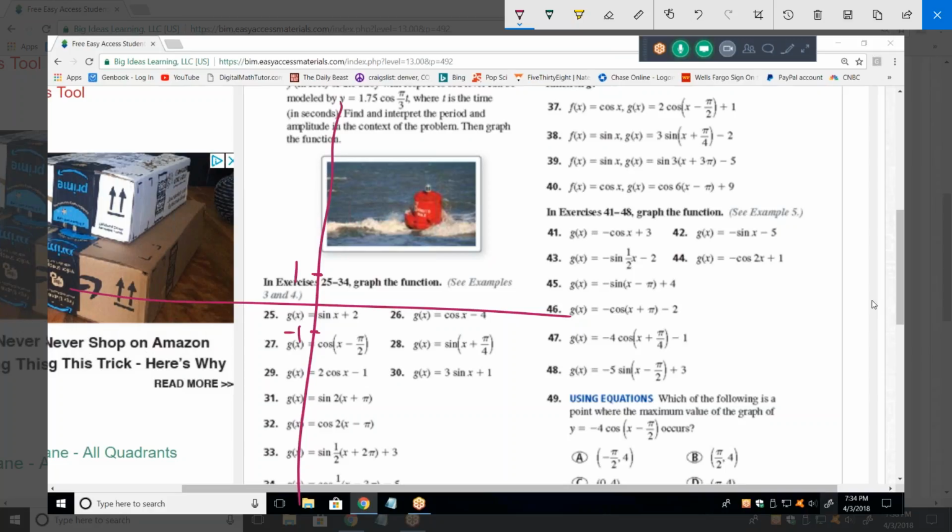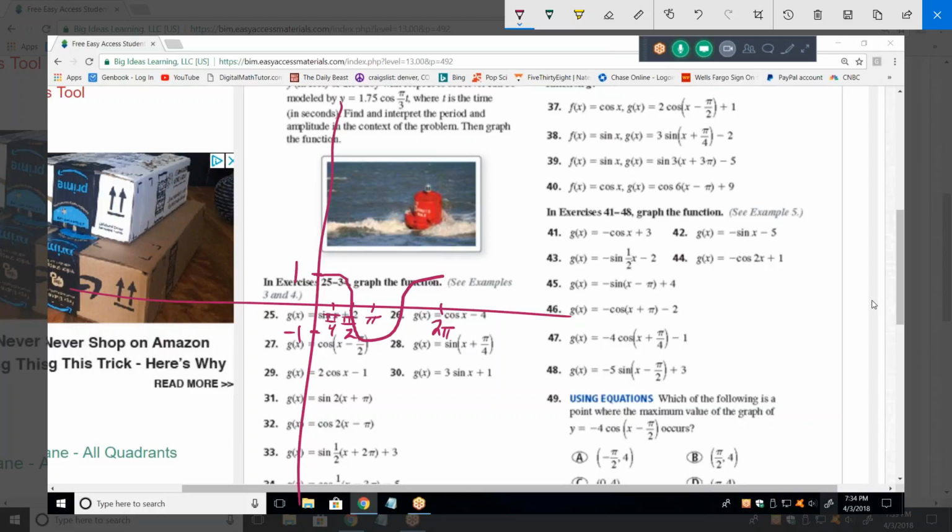Cosine again. Now I see a phase shift on 47 of pi over 4. So I need to break this down. That's pi over 2. All your key points, which makes that pi over 4.